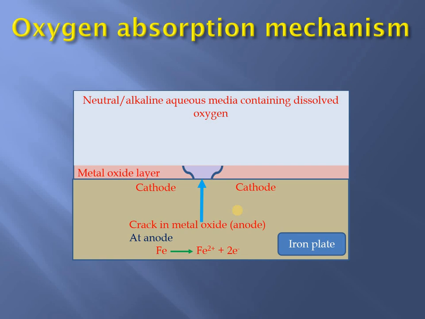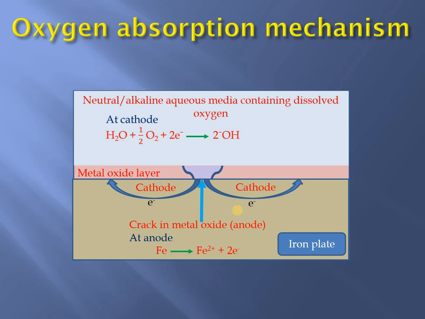These 2 electrons will travel from anode to cathode, and at cathode the electrons will be taken by the oxygen in presence of water to absorb the oxygen in the form of OH-. So at cathode, H2O plus half O2 takes the 2 electrons to form 2 OH- anions.